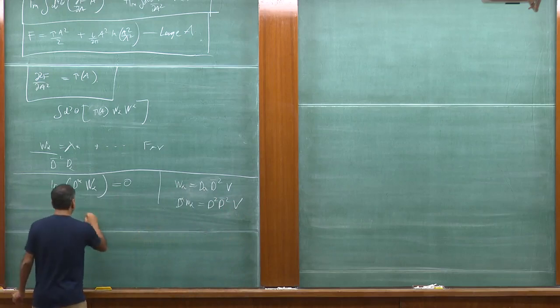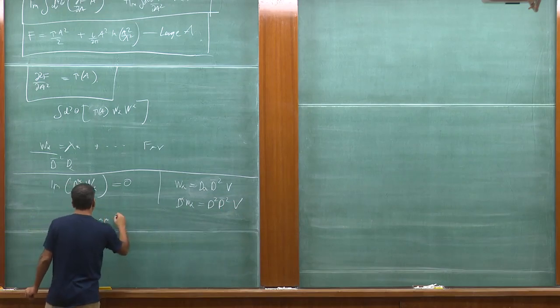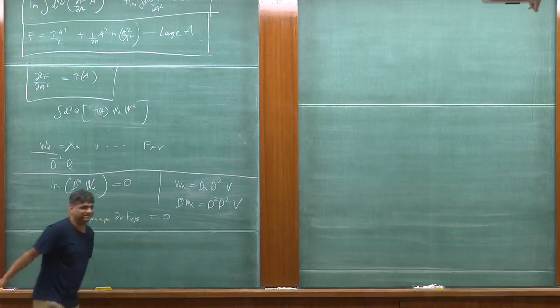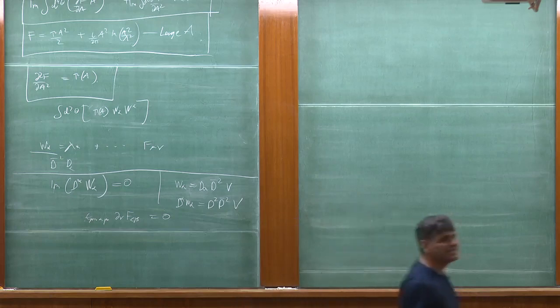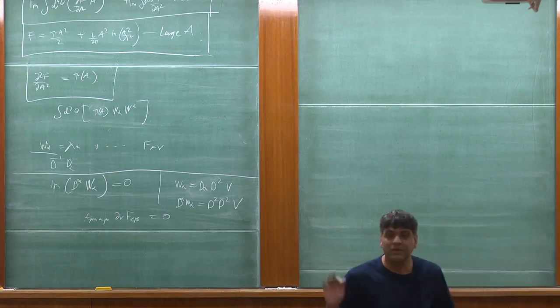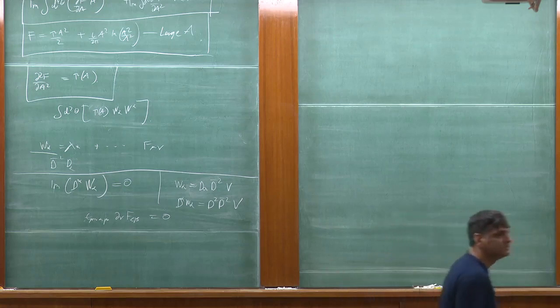We'll get the equation epsilon mu nu alpha beta del nu f alpha beta is equal to 0. Okay, this is an exercise you can do for yourself just by taking W alpha, expanding it in components, and working out what equation this gives for f alpha beta. It's not a difficult exercise. Is this okay?